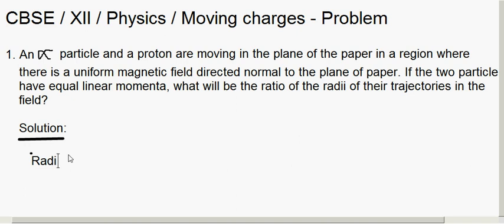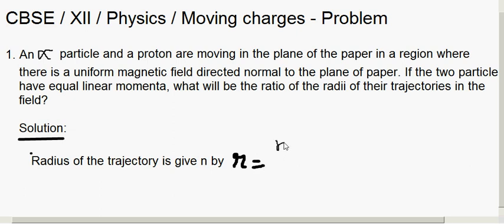The radius of the trajectory is given by R is equal to mv divided by qB.